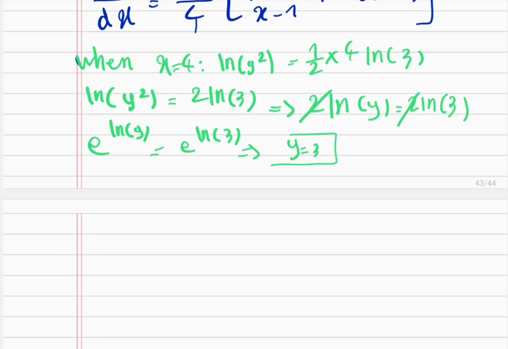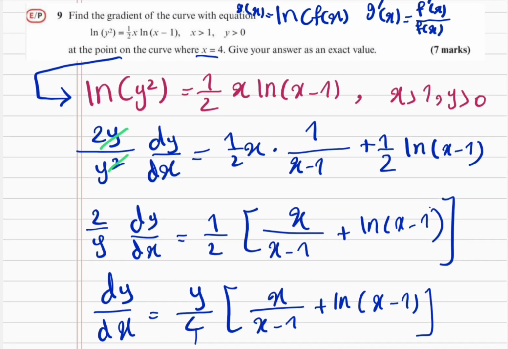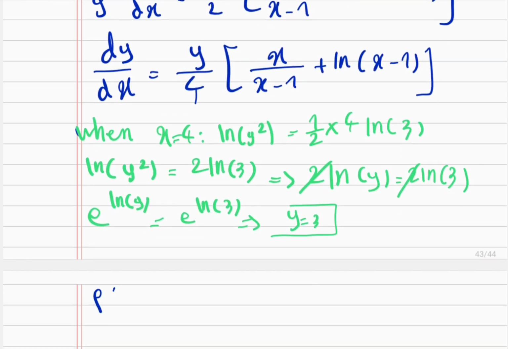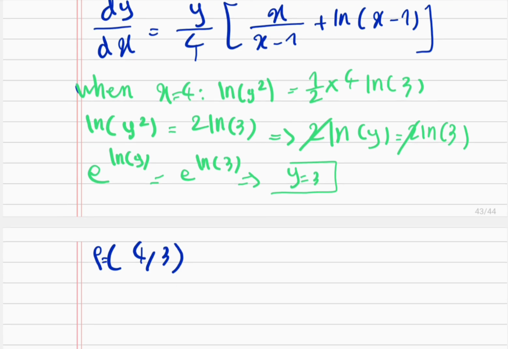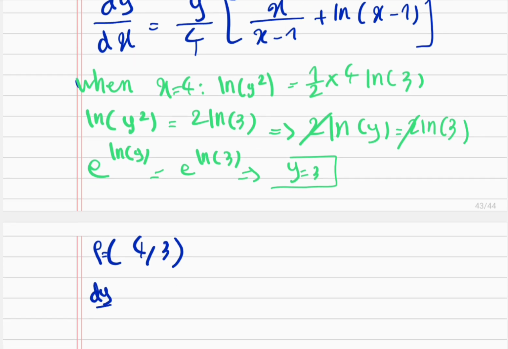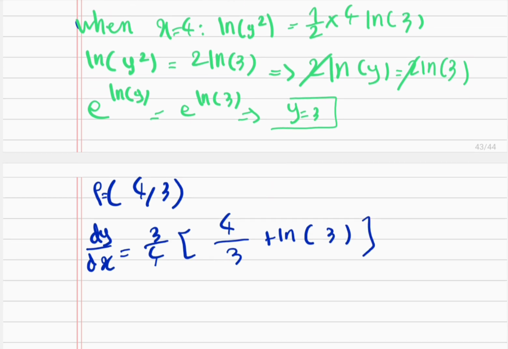So now the point P, let's say, because there is no name given to it, has coordinates 4 and 3. And now we can find the value of dy dx, the gradient. dy dx is equal to y, which is 3, over 4 times x, which is 4, over 4 minus 1, which is 3, plus ln 4 minus 1, again ln 3.